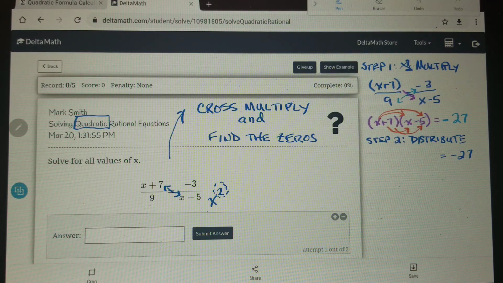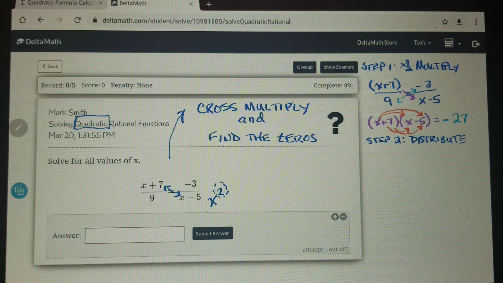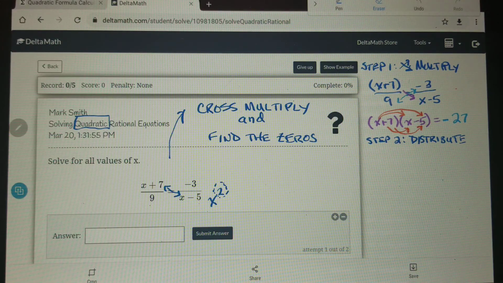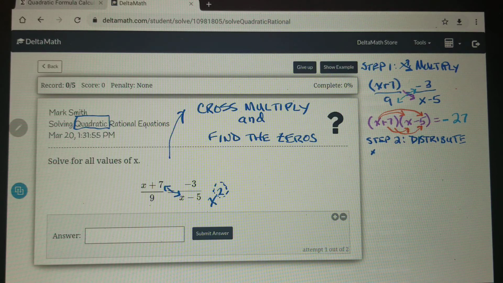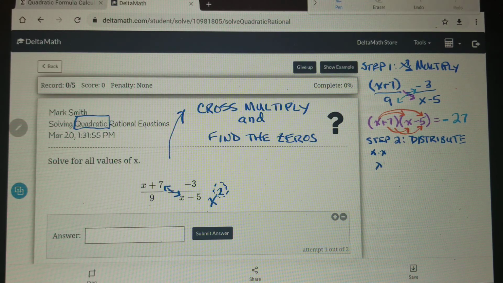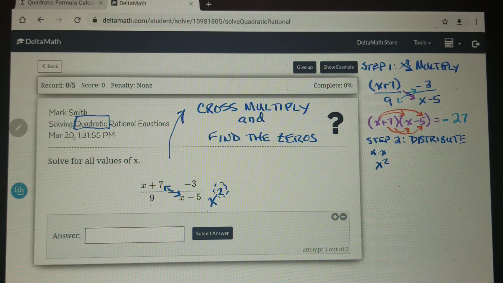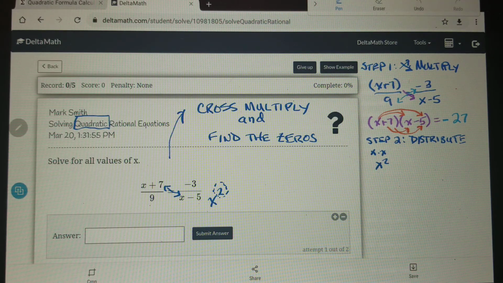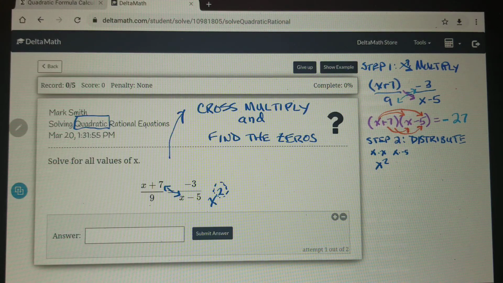In fact, I'm going to move this down a little bit so I can write down what I'm doing while I'm doing it. The first thing is I'm going to do x times x, and that's going to be x squared. Then x times negative 5, and that's going to be negative 5x.